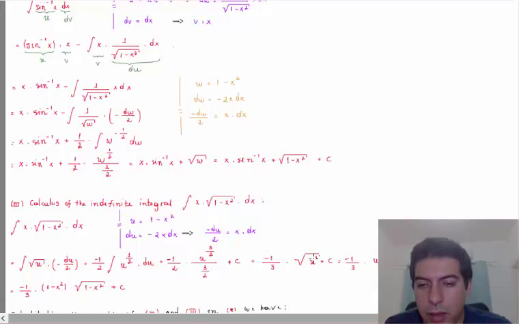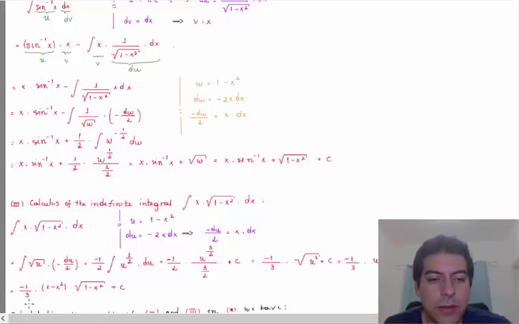This u cubed I can split as u squared times u. This u squared I can put outside of the square root, so I have minus 1 over 3 times u times square root of u plus c. This u I will write as 1 minus x squared, so the value of this integral is minus 1 over 3 times 1 minus x squared times square root of 1 minus x squared plus c.